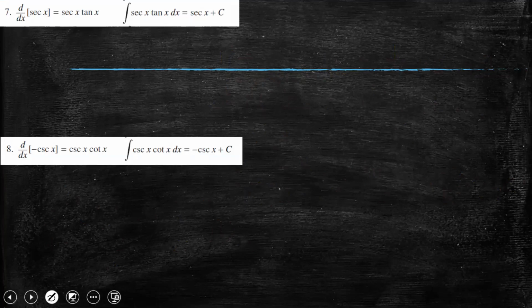Since the derivative of secant x is secant x tan x, the integration of secant x tan x is secant x plus c. And the last one here, the derivative of negative cosecant is cosecant cotan, so the integration of cosecant cotan is negative cosecant plus c.